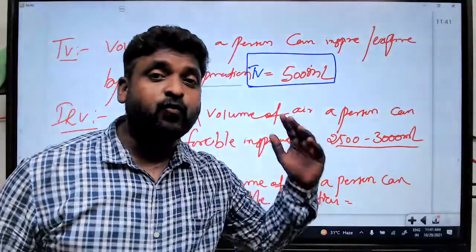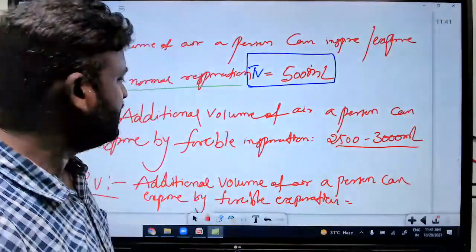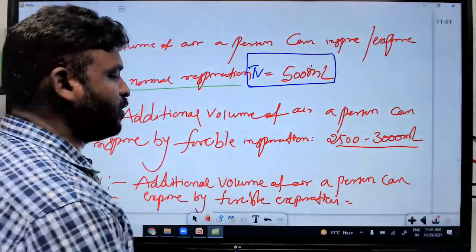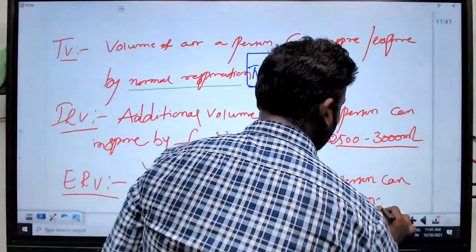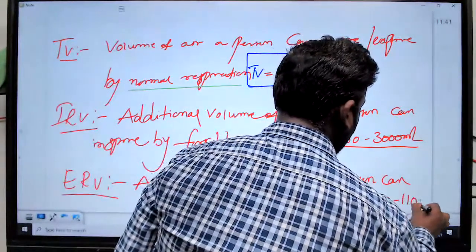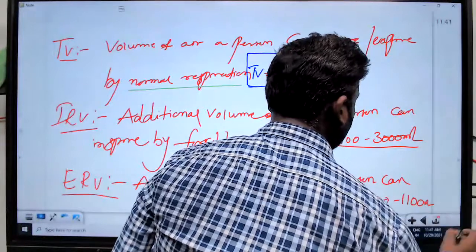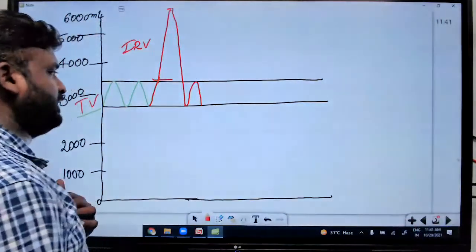So that is ERV. It is about 1,000 to 1,100 ml.